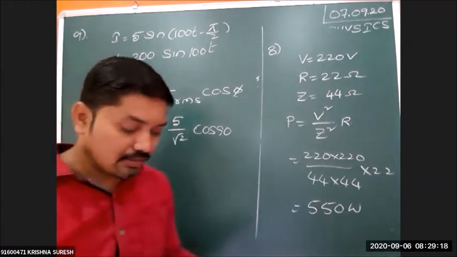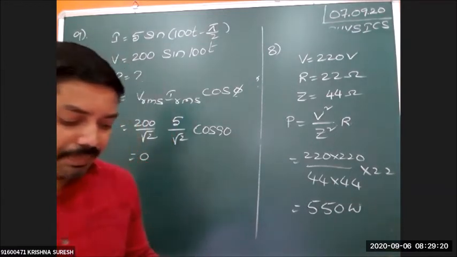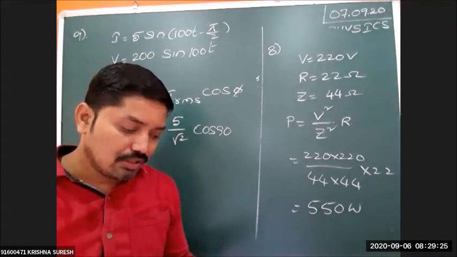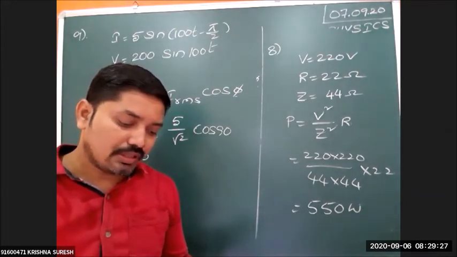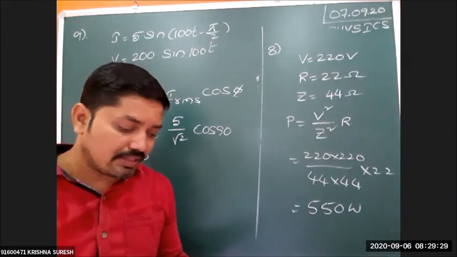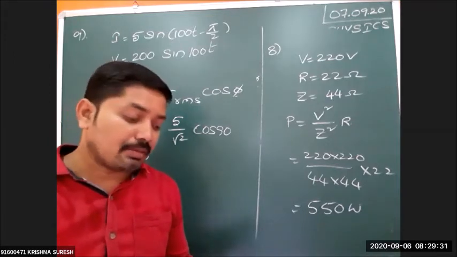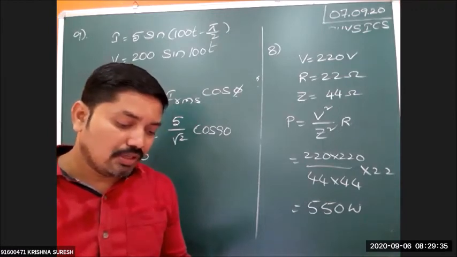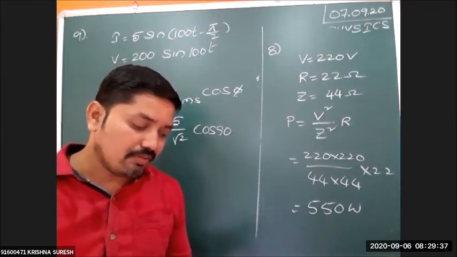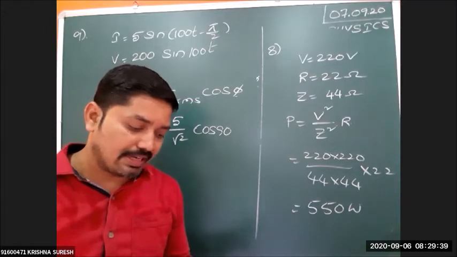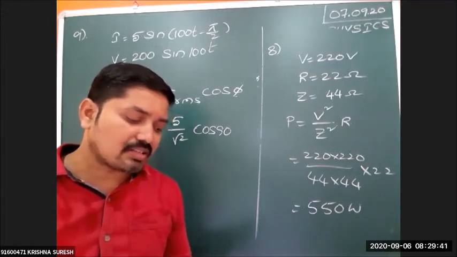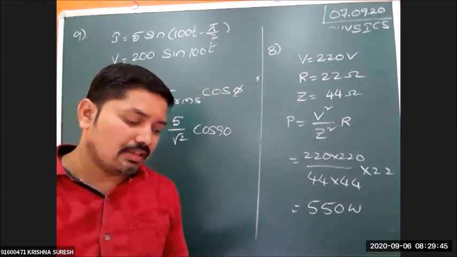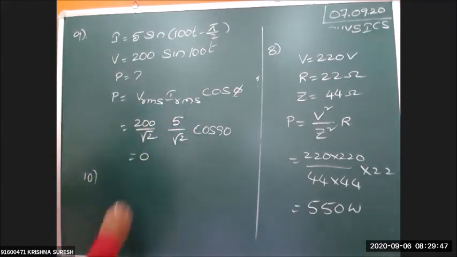Next, 10th question. A capacitor of capacitance 1 microfarad is charged to 1 volt. It is connected in parallel to an inductor of inductance 10 power minus 3 Henry. The maximum current that will flow in the circuit has the value. So we have to find the current. First, he gave you the capacitance and the potential across the capacitor, so we can find the charge.